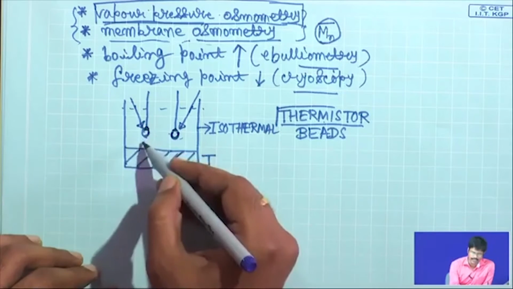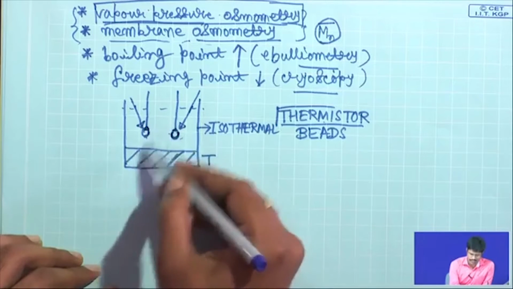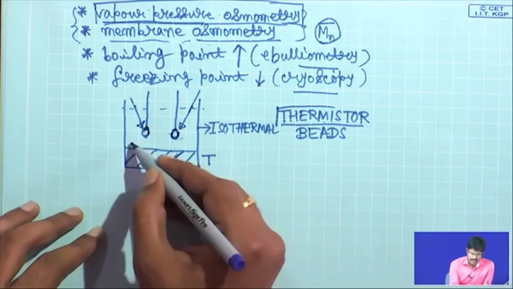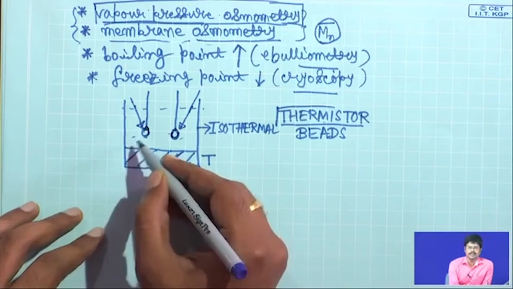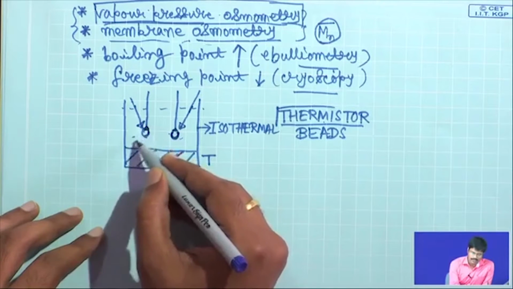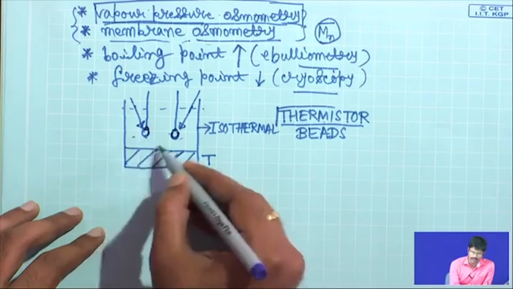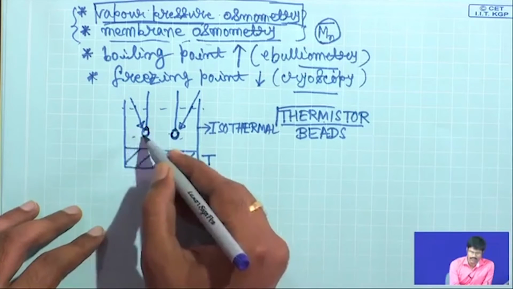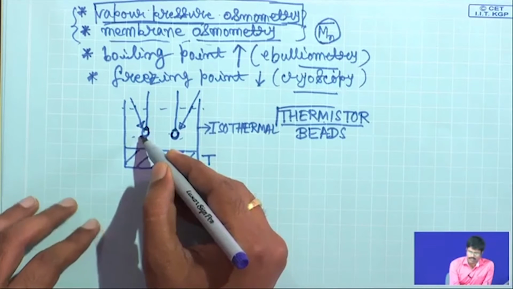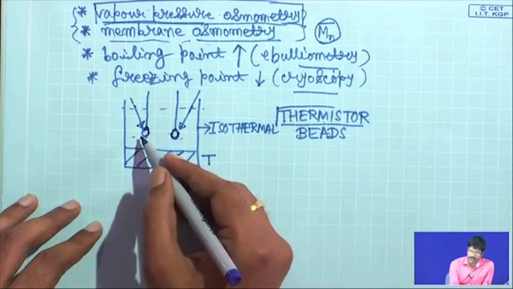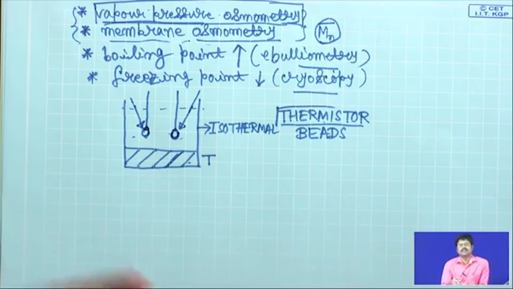So, in order to equilibrate, the situation will dictate that some of the solvent vapor condenses onto this drop. When the solvent vapor is condensing on the drop, of course, you know there is something called latent heat of vaporization. When a liquid is vaporized, it takes up some heat.